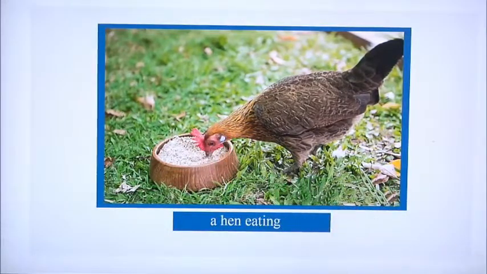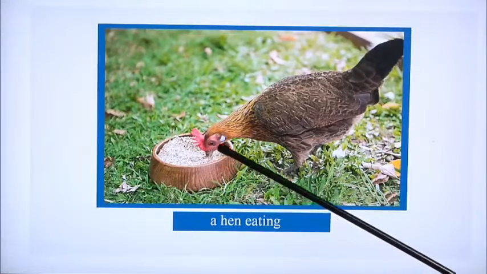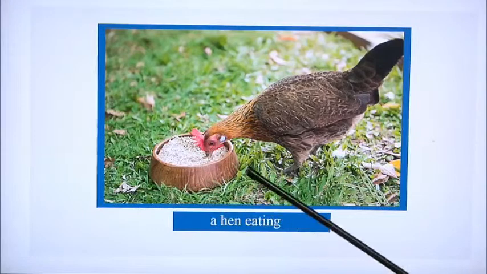Now, what does a hen eat normally? A hen eats what? Maize. Sometimes wheat bran. They can eat so many things. They eat gari and so many others. They eat with their beak. So look at it, a hen eating.